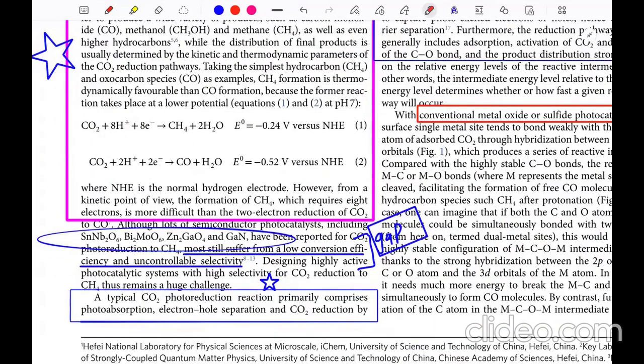They have reported them for CO2 reduction, but they still suffer from two main problems. One is low conversion efficiency, and the second is uncontrollable selectivity. So designing a highly active photocatalytic system with high selectivity for CO2 reduction to any single product remains a huge challenge.